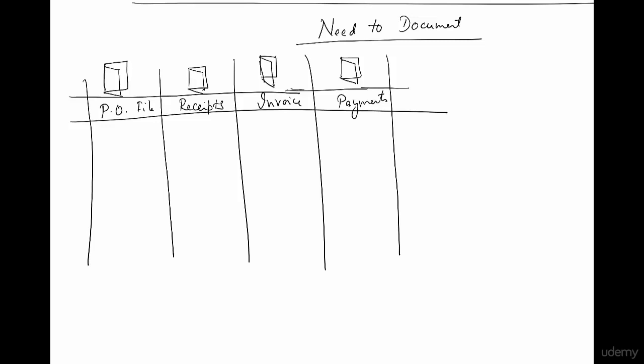Remember, we had just 4 different processes. On week 1, say on Jan 1st, I sent a PO, and I'm going to take a printout of the PO that I sent and file it in this folder.